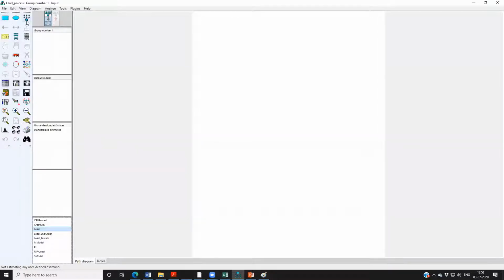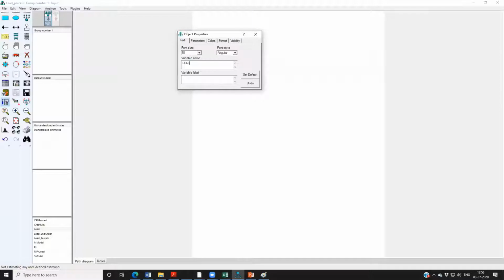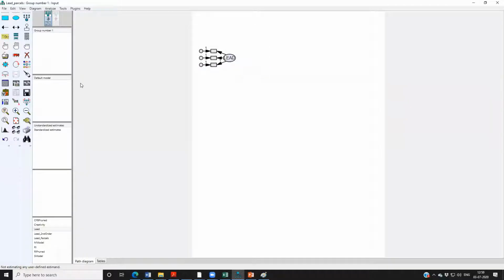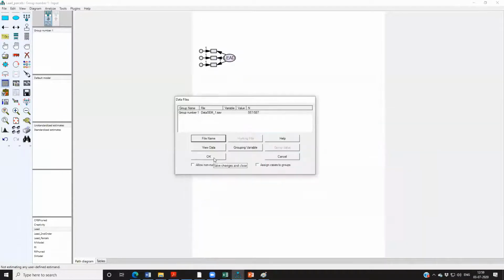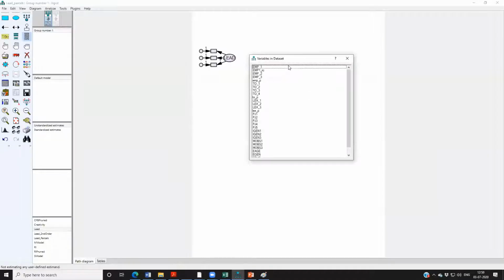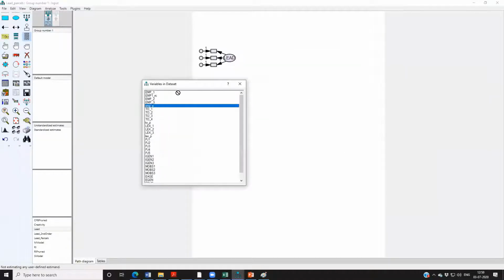And I now create my leadership factor with only 3 dimensions and 3 observed items, and I will call it lead. What are the 3 things here? I will read my data. I will use the EMP parcel instead of the 3 items of EMP.